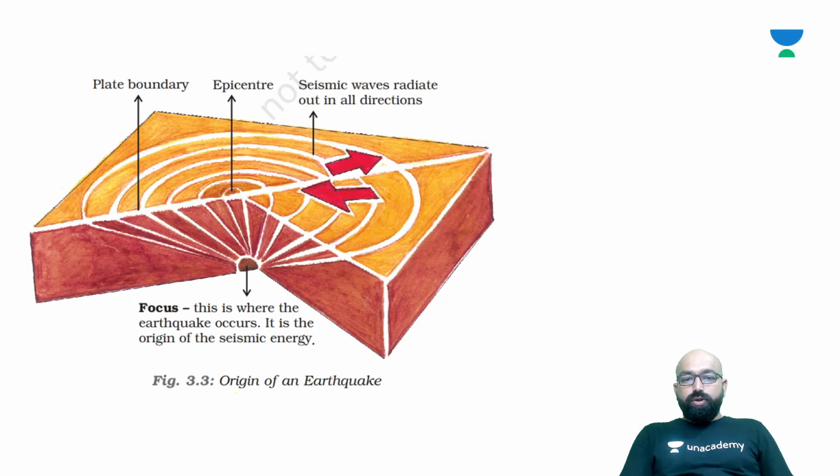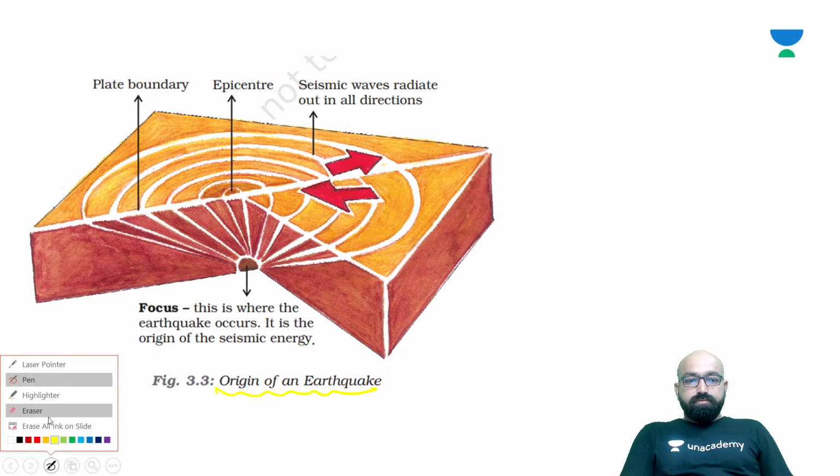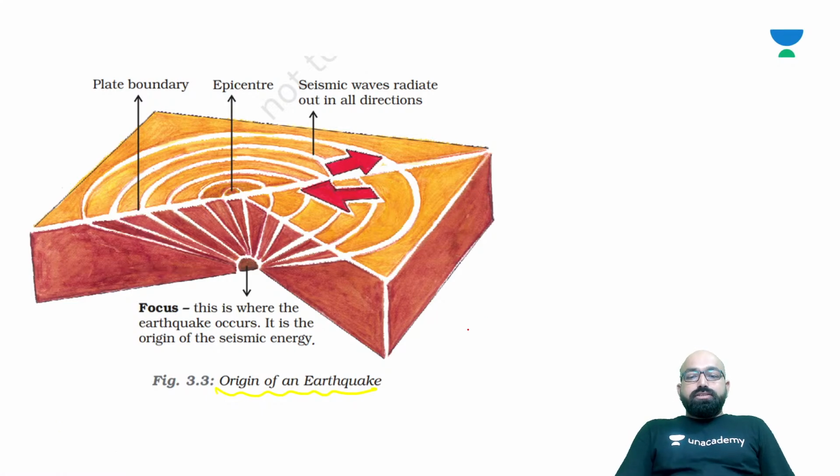See the origin of an earthquake. The place in the crust where the movement starts is called the focus. See, this is the focus. The place on the surface above the focus is called the epicenter.